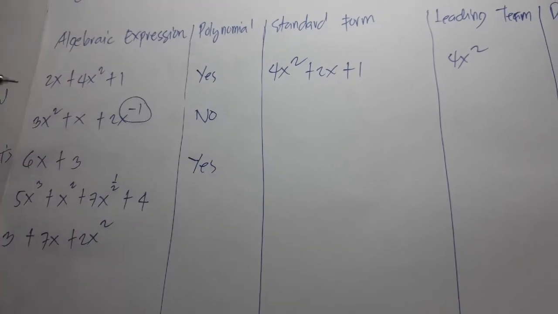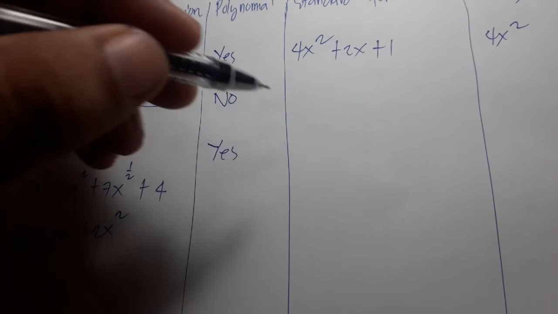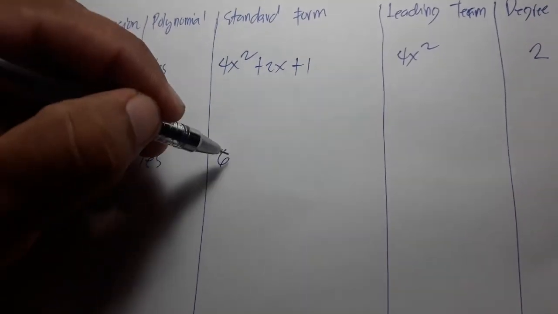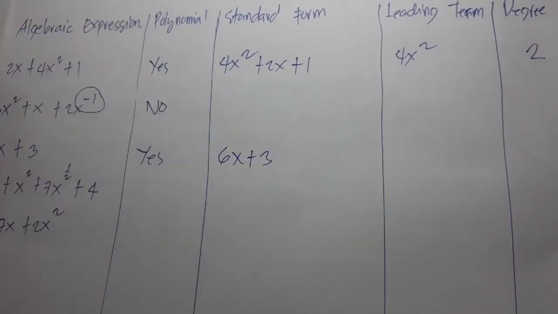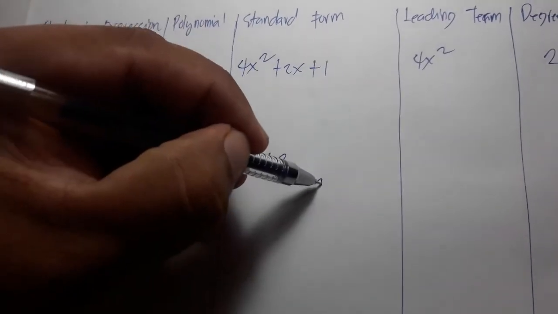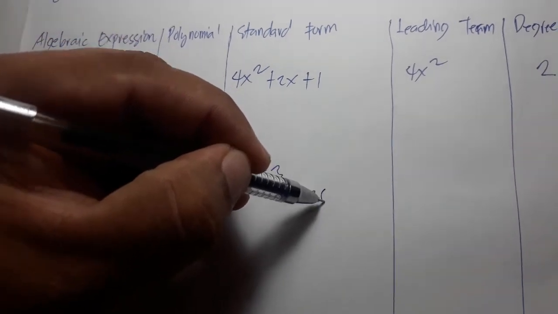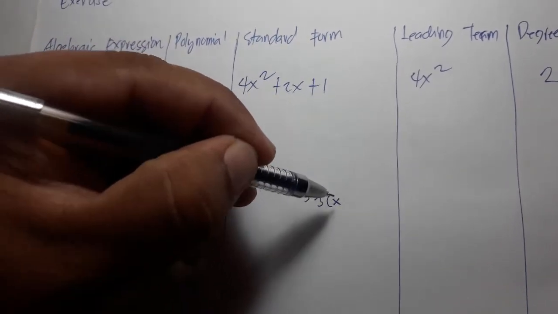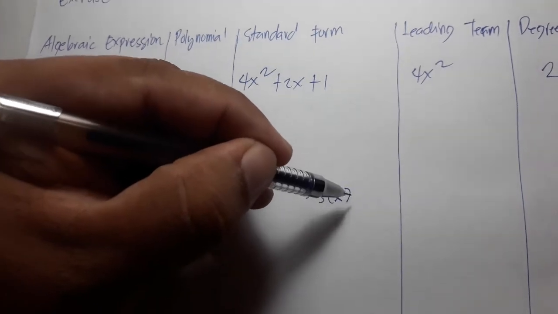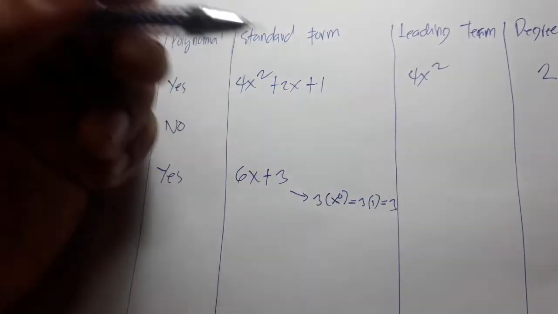Is this written in standard form? Yes. So 6x plus 3. Again, don't be confused: 3 can be written as 3 times x to the power of 0, so 3 times 1 is 3.